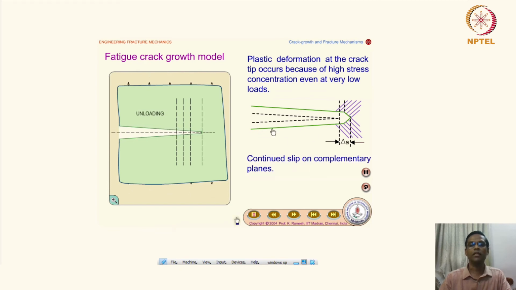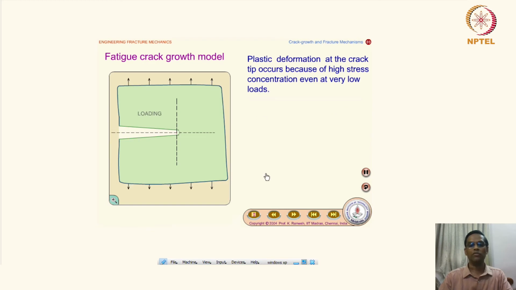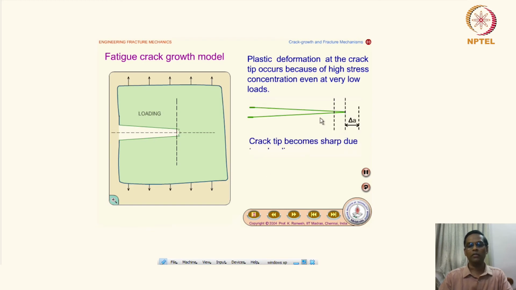So this is another schematic which shows what is happening at the tip, where you can see continued slip on complementary slip planes and how the delta A is accomplished, and then finally how the blunting takes place. The crack tip blunts due to plastic deformation, and then again it becomes sharp and then it extends.